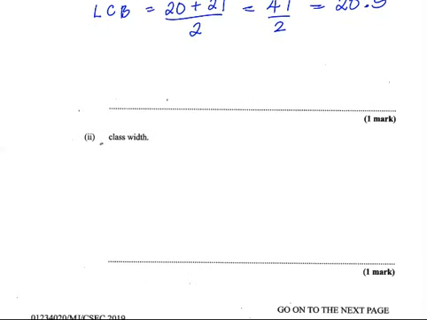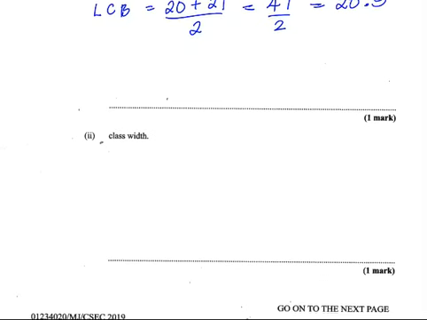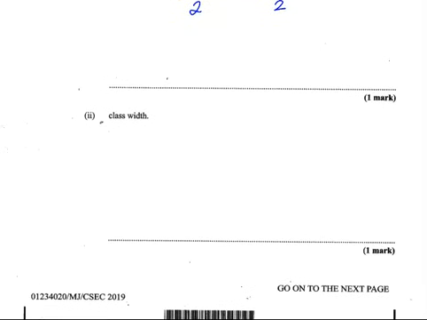Next, the second thing we're asked to do is to determine the class width for the class 21 to 30. Now, the class width is equal to the upper class boundary minus the lower class boundary.